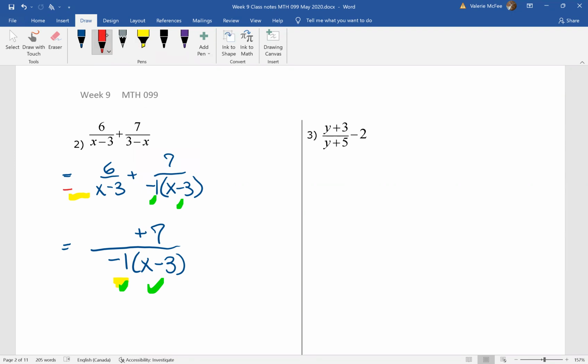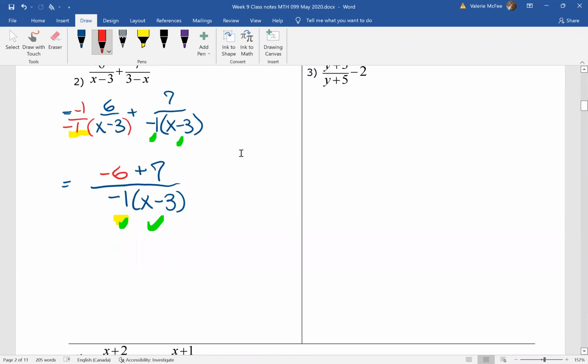So both the numerator and the denominator have to be multiplied by -1. This gives me +1 all over -1 times x minus 3.